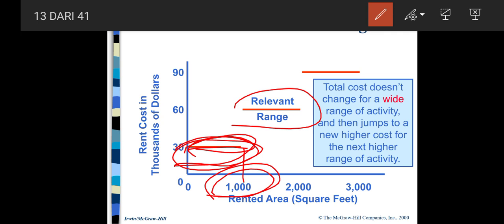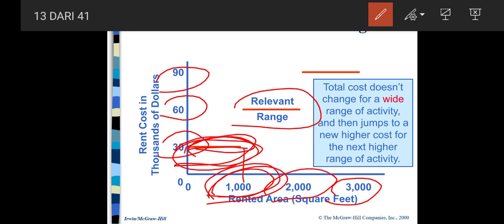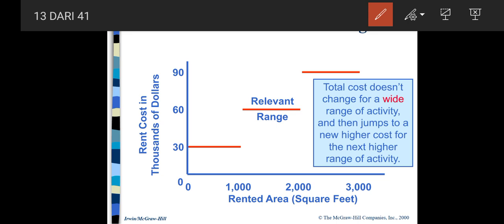Jadi kalau misalnya dia nyewa 1.000 kan, dia akan bayar 30.000, nyewa 2.000 dia akan bayar 60, dan nyewa 3.000 bayar 90, dan seterusnya. Jadi kelipatan 30, ini kelipatan $1.000.